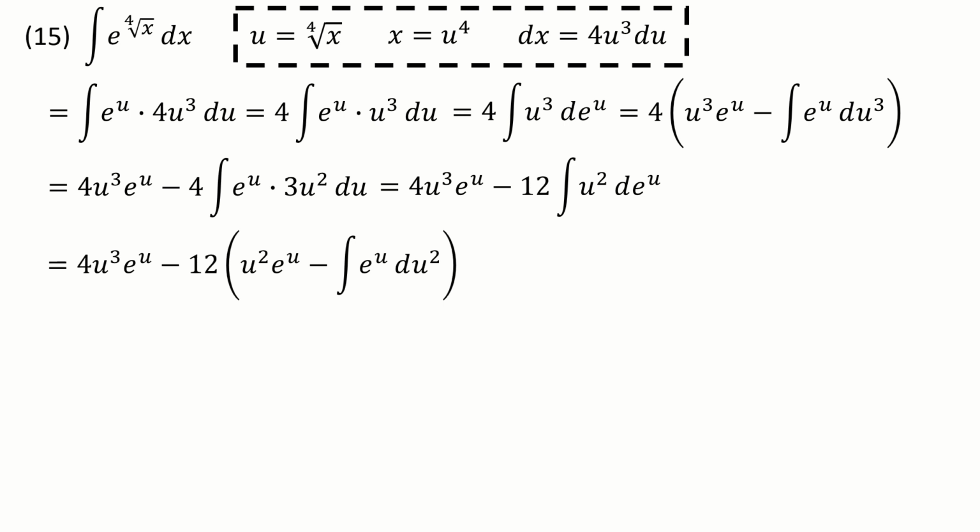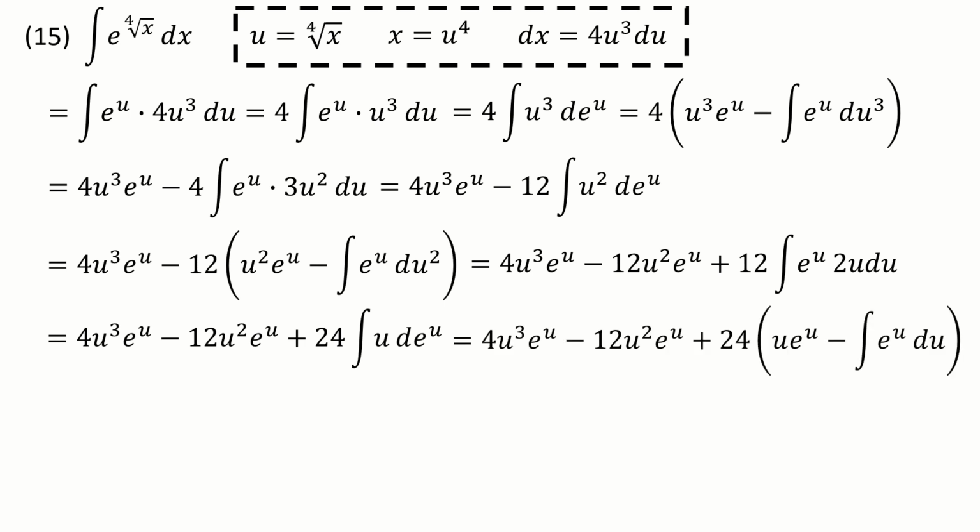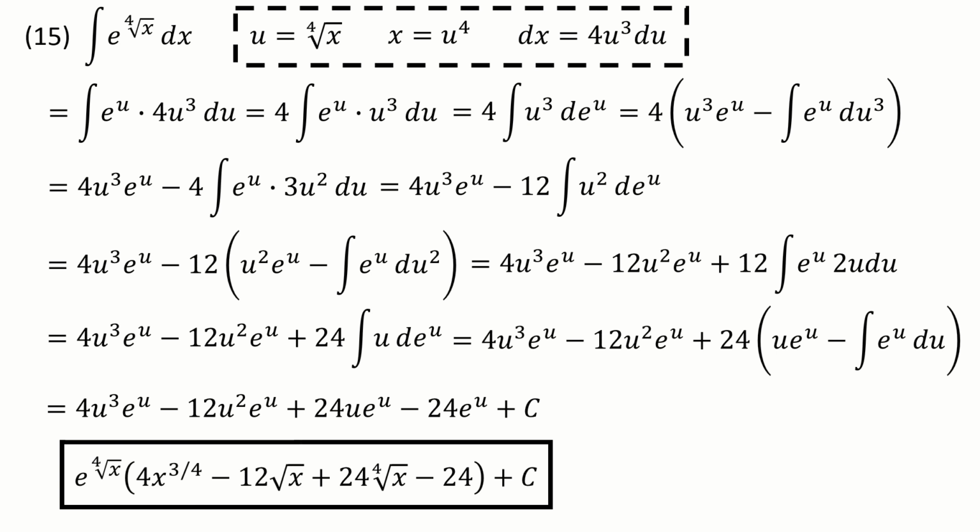And we do the integration by parts again, and simplify it. And integrate by parts one more time. So we reorganize and simplify it. And finally, we replace the u with the substitution. And here is our final answer. So this problem is not hard, but we need to be careful with the calculations.